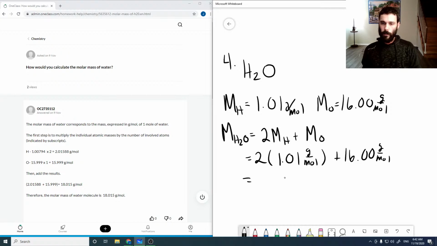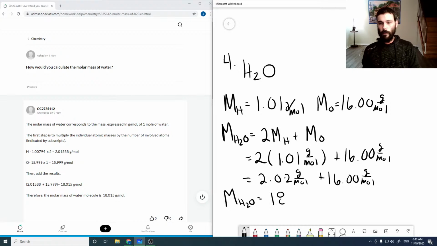Which comes out to be 2.02. Just putting everything out. And so our final answer is just that the molar mass of water is 18.02 grams per mole.